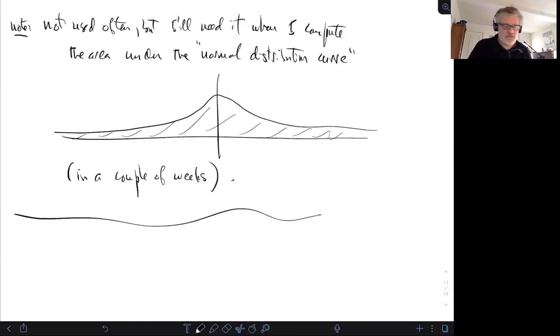When will we have the exam? That's a good question. I'm still undecided. Likely something around the 19th or 20th, something like that, but it could be the week before.